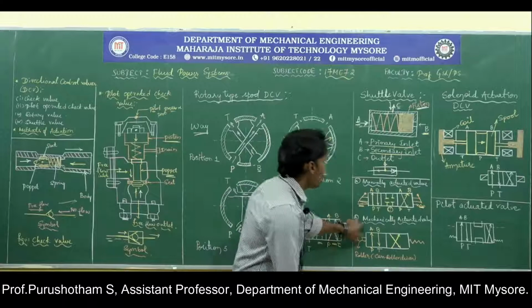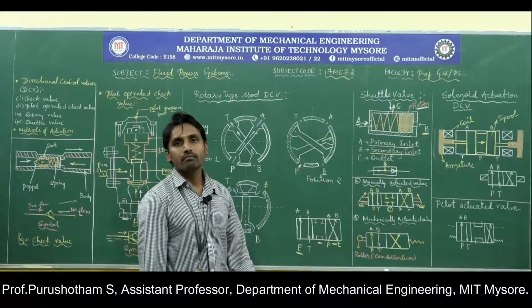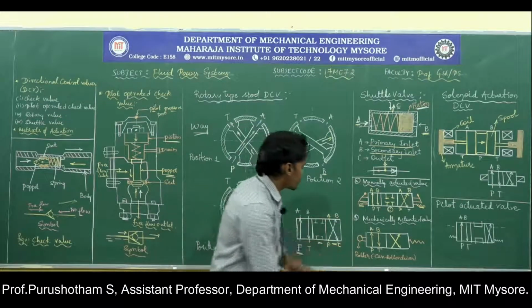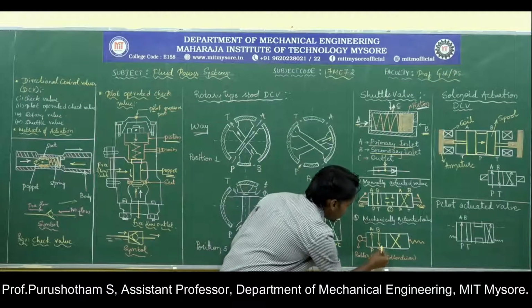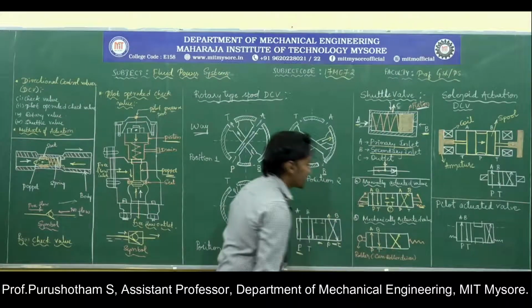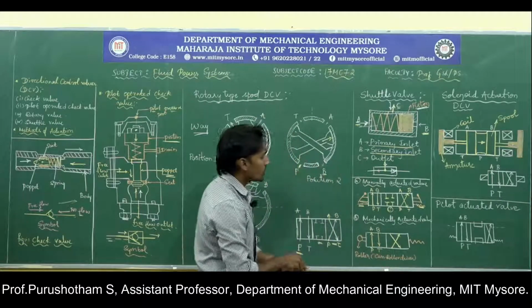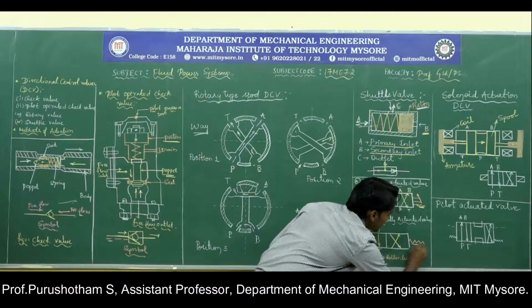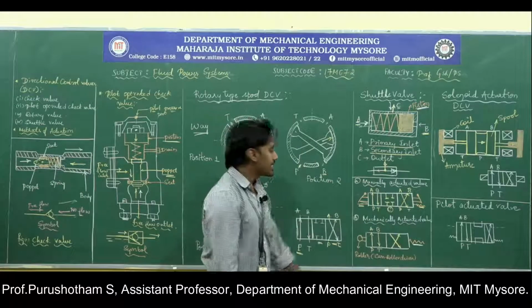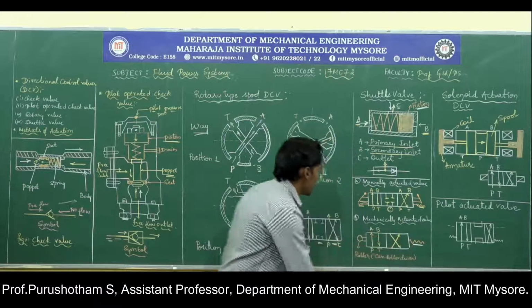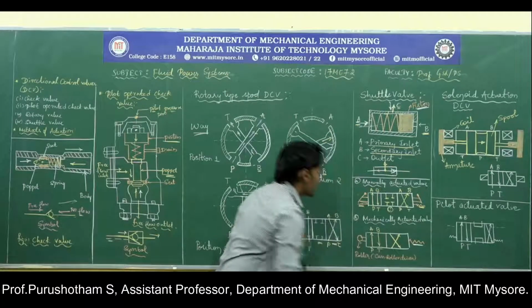Then coming to mechanically actuated valves. From this we can see it has two positions as well as four ports. On one end of the envelope we can see a spring, and on the other end a roller.